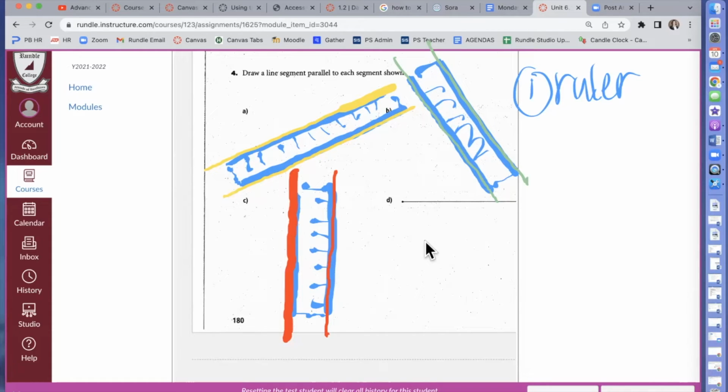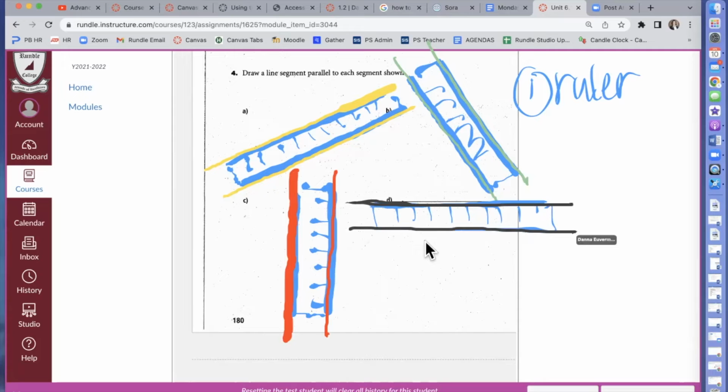And then again, I'm going to line up my ruler here on that line. Here's my beautiful ruler. And then I go ahead and I trace the line segment on the edge of the ruler, and then I trace the other edge of the ruler, pick them up, and then you're left with parallel lines. So the first way we learned was by a ruler.